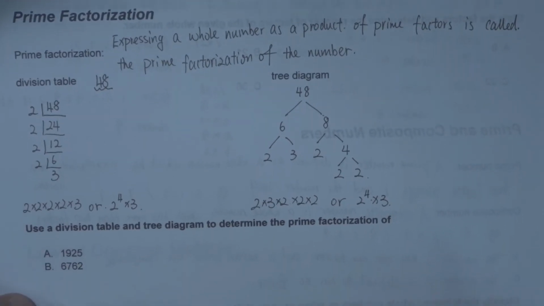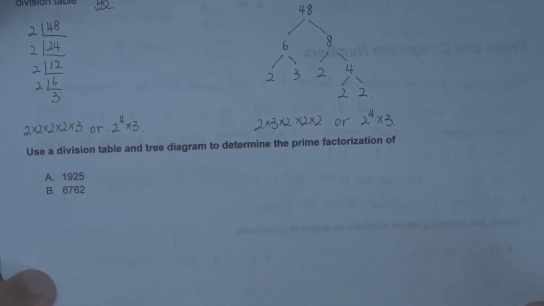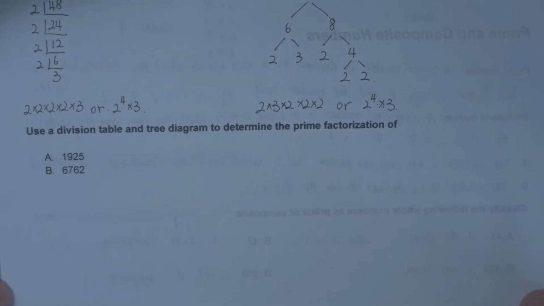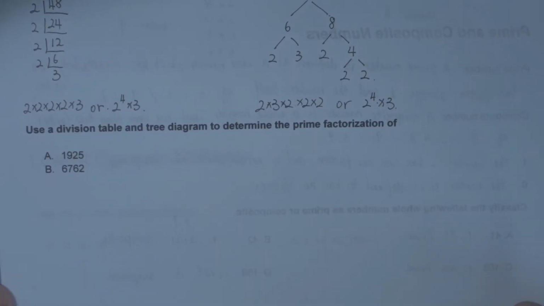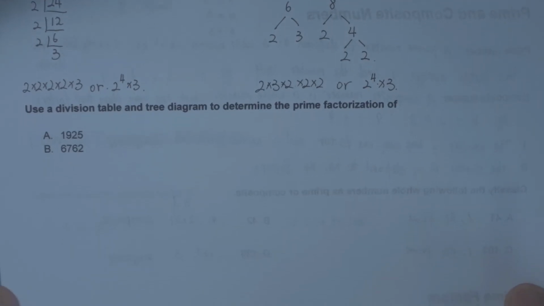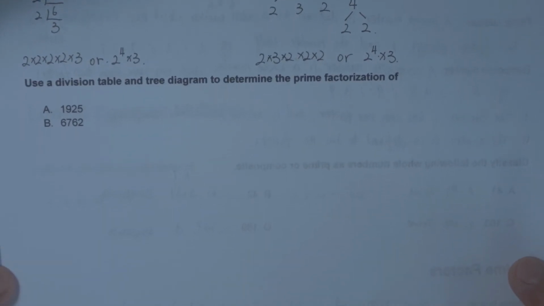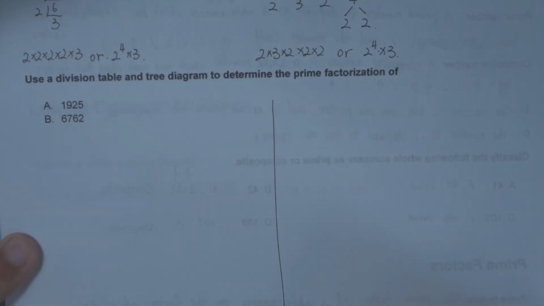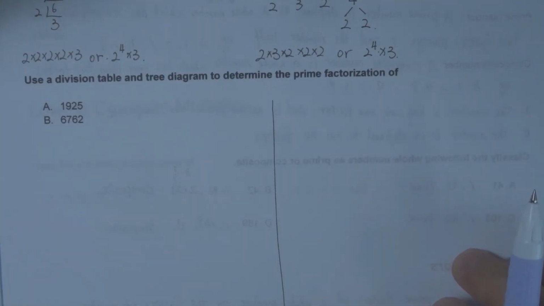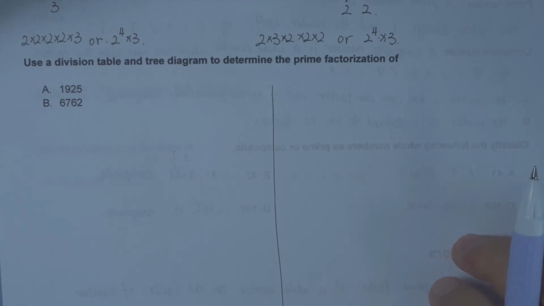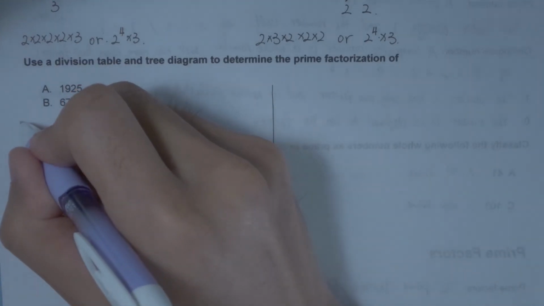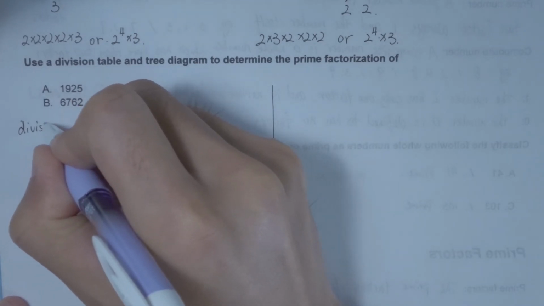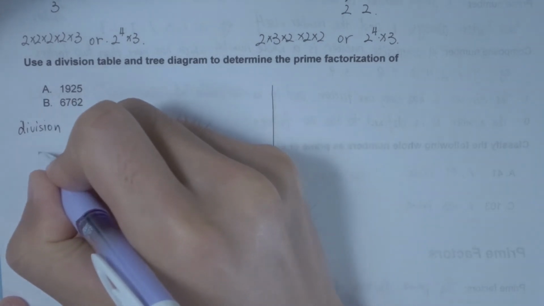Okay, let's look at more examples and use the division table and a tree diagram to determine the prime factorization of A and B. For A, it's 1925, and the first way is division.